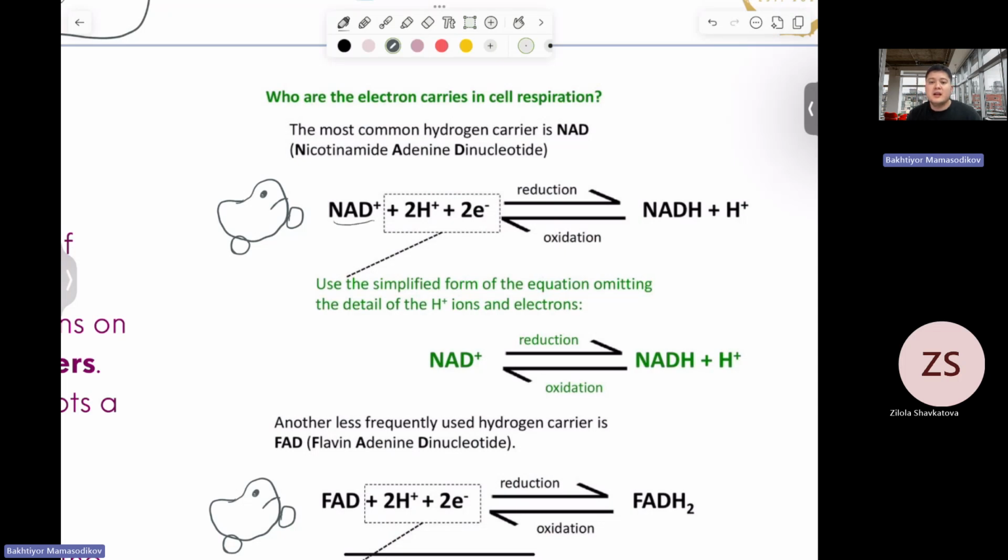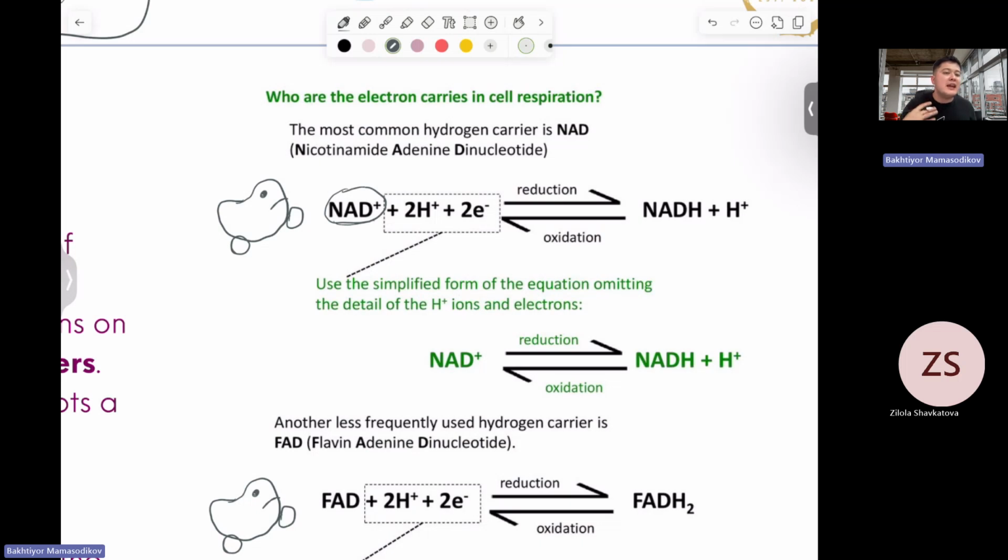So NAD+. The full name of NAD is nicotinamide adenine dinucleotide, but you don't have to know the full name. You know two versions of the taxi: they can be full or empty. The empty form of the taxi is NAD+.